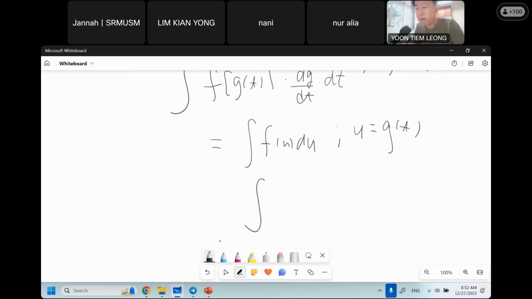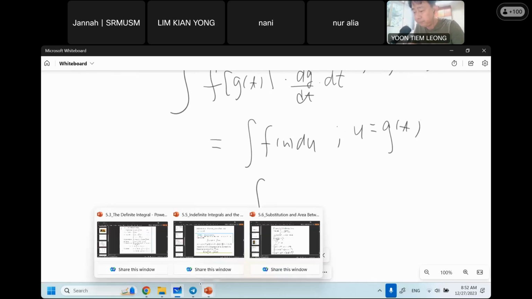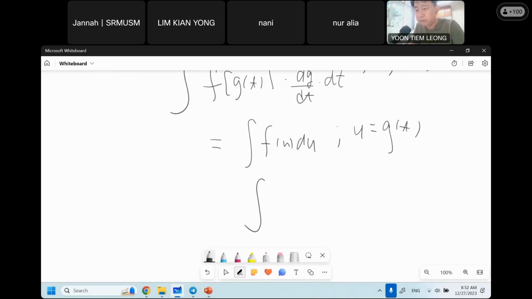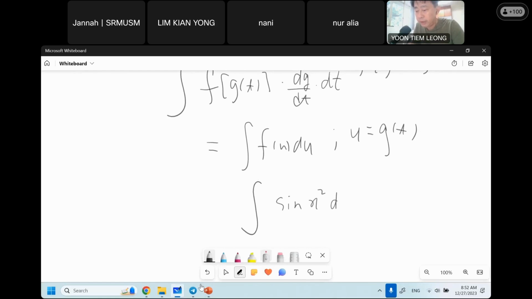Say if you have an example of, let me think of a good example here. If you have a function of say sine of x squared times 2x dx.